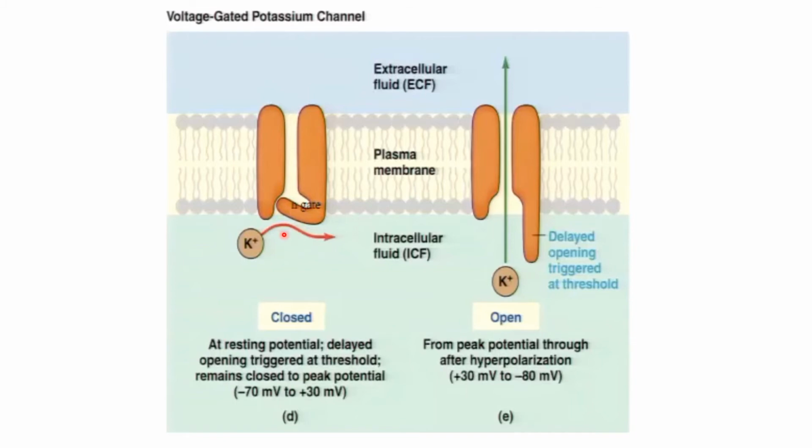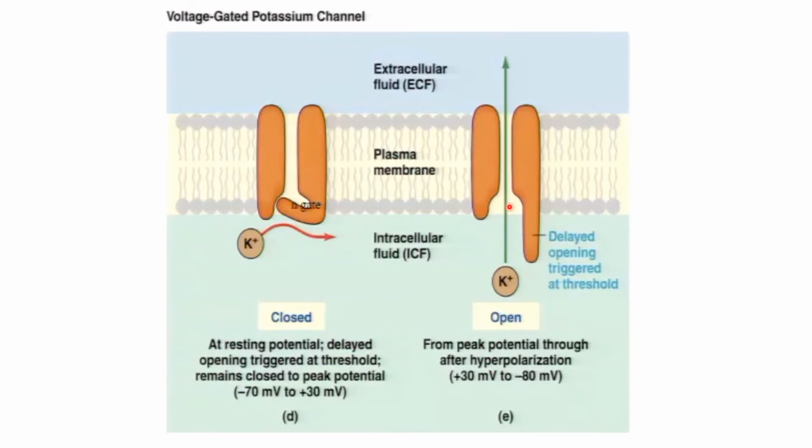And when sodium enters into the cell, the cell inside becomes positive. Here positive charges come and pull the activation gate to open it. So at plus 30 millivolt, the potassium channels start to open and potassium goes outside of the cell.